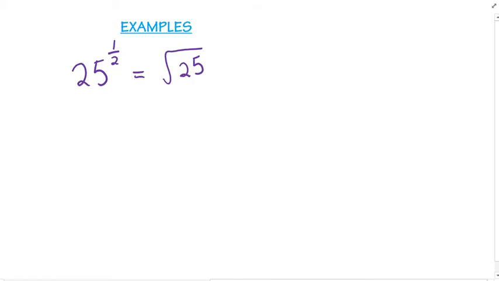Now you ask yourself, of course, what number times itself is going to give me 25? And the very obvious answer is 5. So therefore, you know that 25 to the power a half is equal to 5, because to the power a half implies the square root.